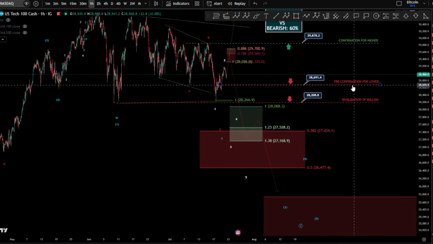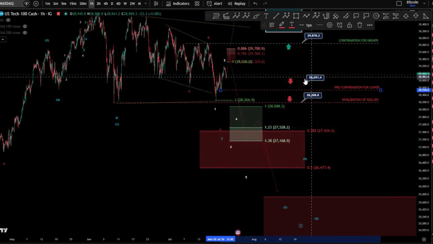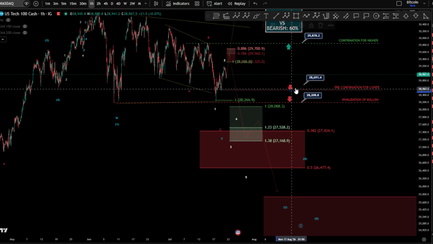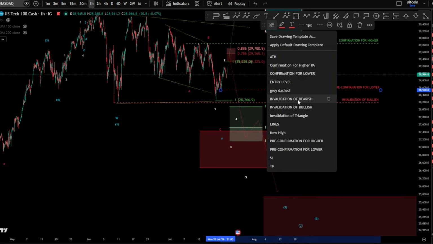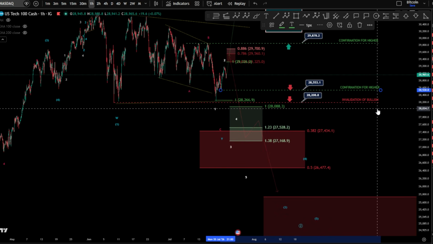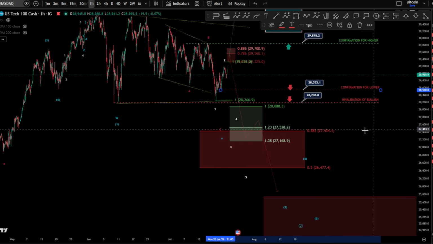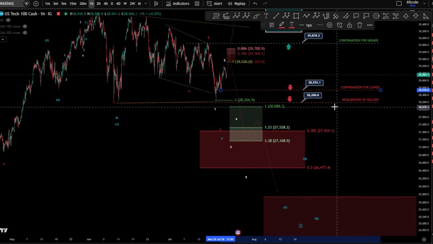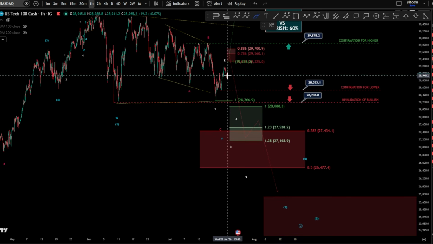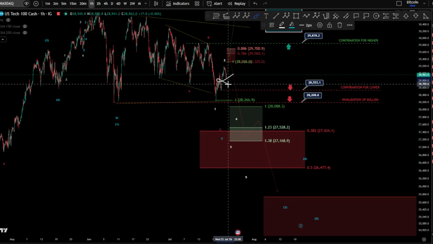However, the better confirmation for this scenario is taking the low, the invalidation of double 1-2, meaning invalidation of anything bullish, I would say, or confirmation for lower. Sorry, guys, 28K 553. In this case, of course, you confirm that this double 1-2 is out of the scenario.